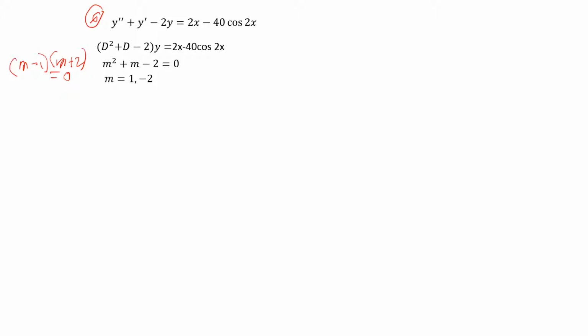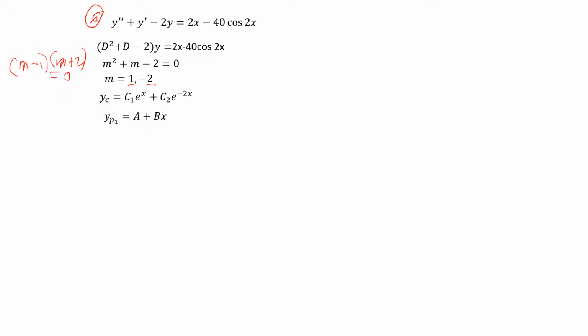So the roots are 1 and negative 2. And then the complementary solution is y sub c equals c1 e to the x plus c2 e to the negative 2x.